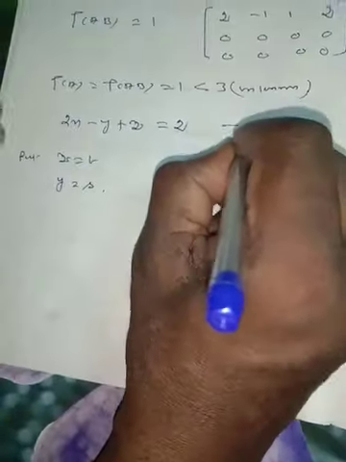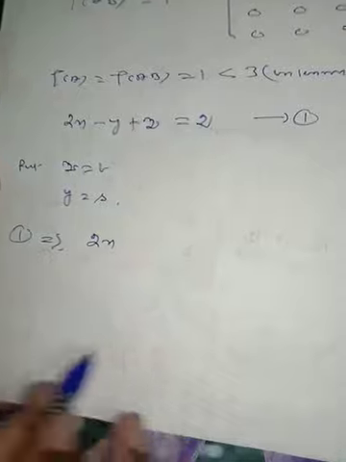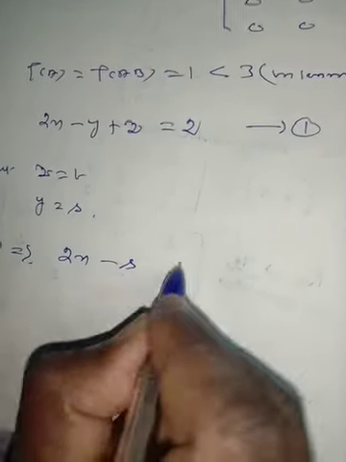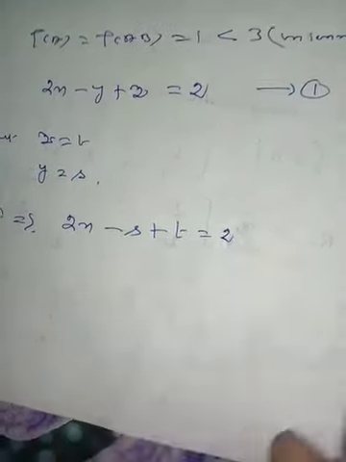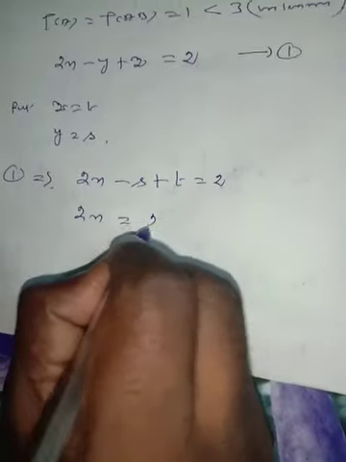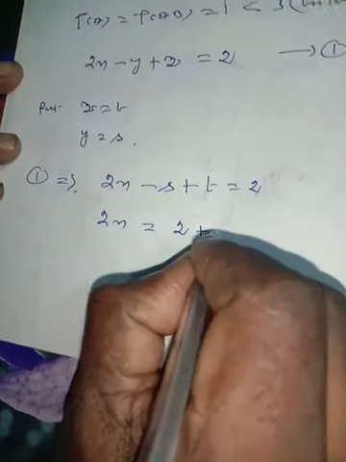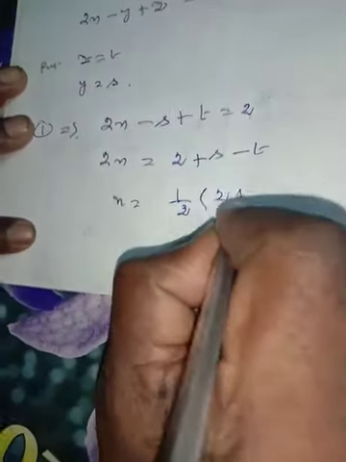The equation number 1 becomes 2x minus s plus t is equal to 2. This means 2x is equal to 2 plus s minus t. x is equal to 1 by 2 bracket 2 plus s minus t.